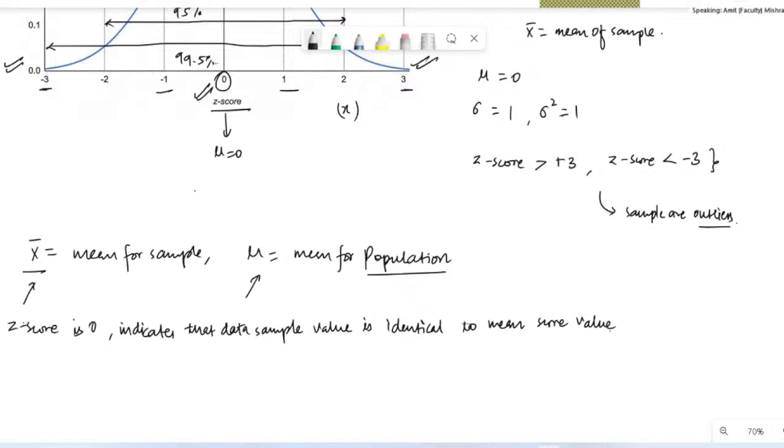In this case, whatever my data point will be, it will be transformed. We will get the z-score for that, and this z-score will be equal to the mean value.